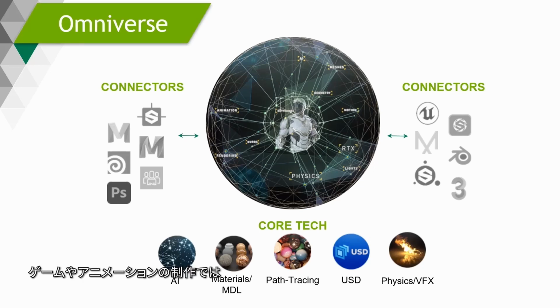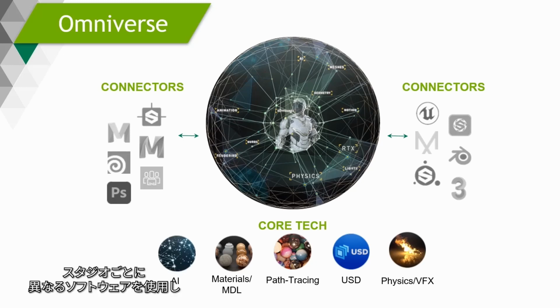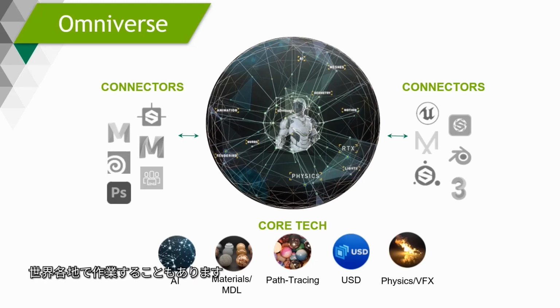So imagine you are developing a video game or an animated movie. You'll have people working on all parts of the project, and these people are from different studios using different software and probably sitting in different parts of the world. Omniverse is a platform that allows you to have a place where everyone can work together, connected to the same platform from whatever software they're using, and they can even have real-time interactions so that their edits and changes are instantaneously available to other team members.